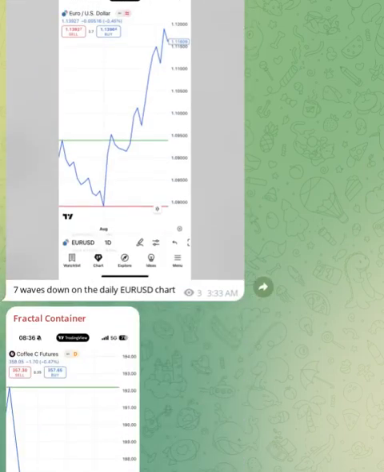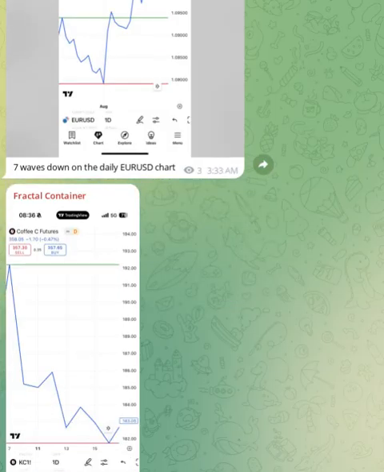Hopefully this will help you find the fractal. Where is the fractal? Okay, you'll find the fractal here in the container. Go to the container, find the picture, match it, do your setup, have your stop, have a profit objective. Again, we're day trading.